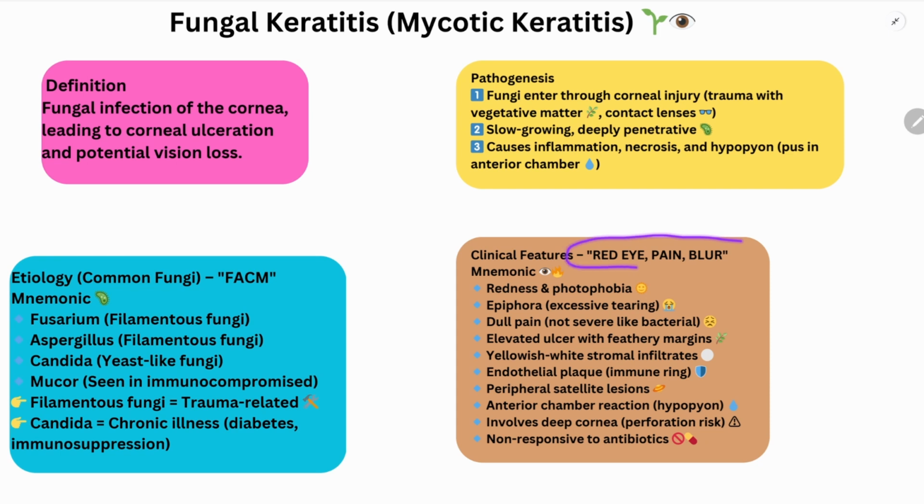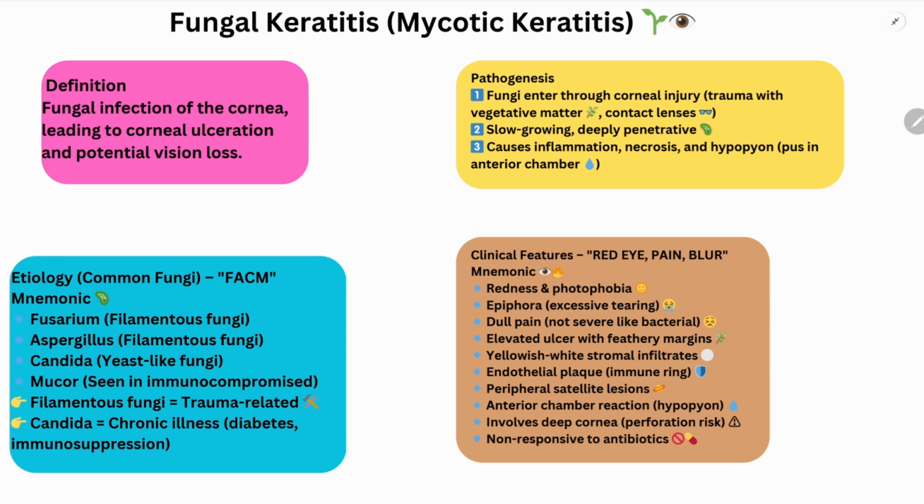And the clinical features are red eye, pain, blurring, redness, photophobia, epiphora, dull pain, elevated ulcer with feathery margins. Here there is an important point. The ulcer is feathery in shape and you will see a satellite lesion here, which is surrounded by an immune ring.